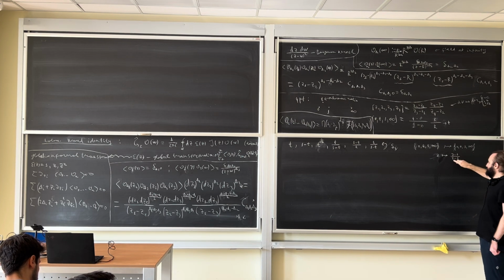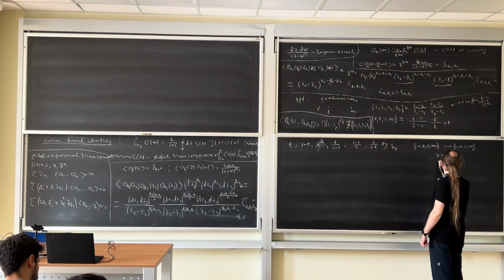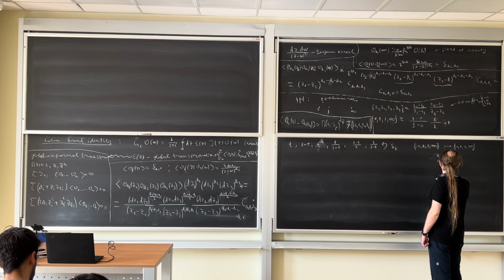so this map maps 0 to t, t to 0, 1 to infinity, infinity to 1.